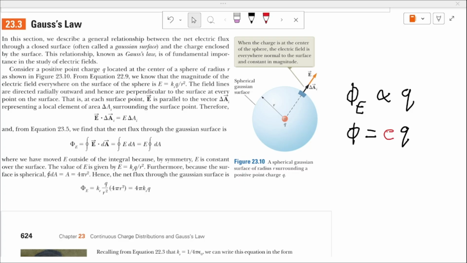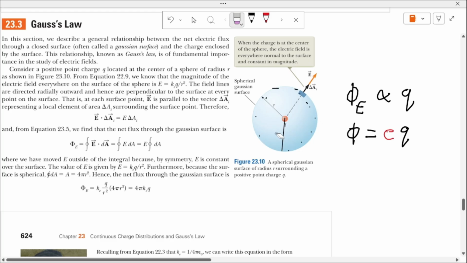We begin by writing out our flux expression over here. And we begin by computing the dot product. At all points on the sphere, the electric field is going to be in the same direction as the area vector. So in this case, our dot product is just E times dA for every point on the sphere. Also, at every point on the sphere, we know the electric field depends on the distance from the point charge, right?